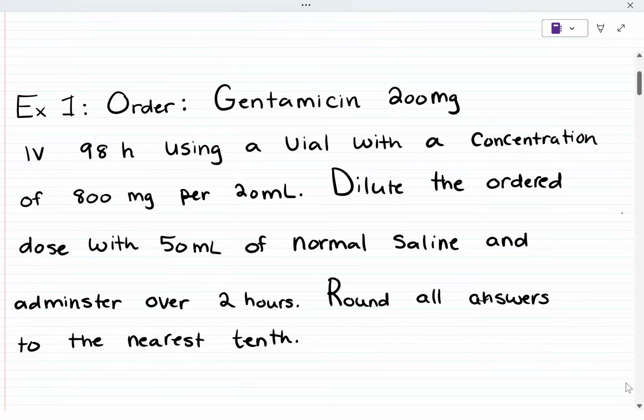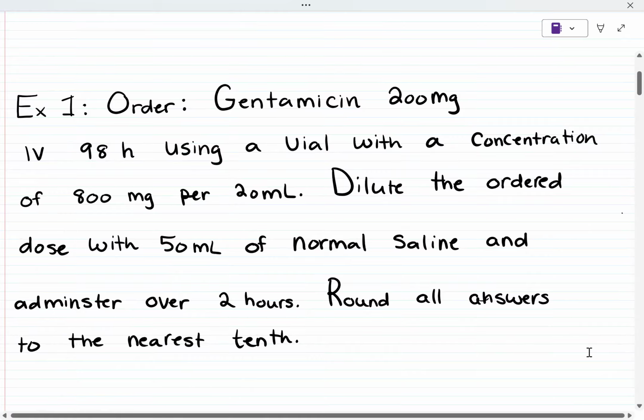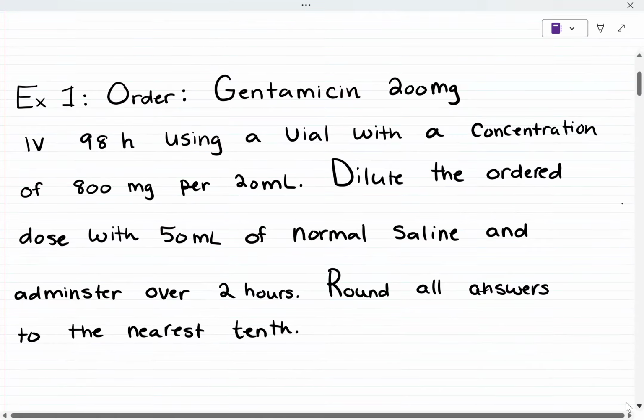Let me read it again. Order of gentamicin 200 milligrams IV every 8 hours using a vial with a concentration of 800 milligrams per 20 milliliters. Dilute the ordered dose with 50 milliliters of normal saline and administer over 2 hours. Round all answers to the nearest tenth. So yes, our final answer shall be in milliliters.